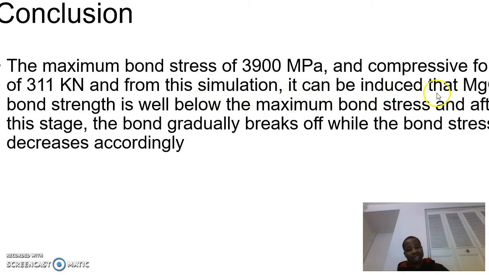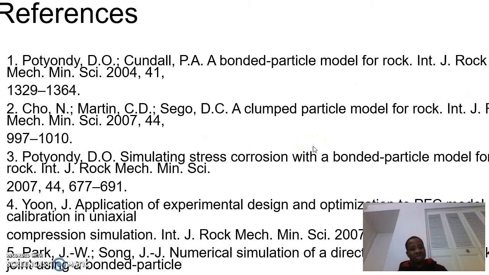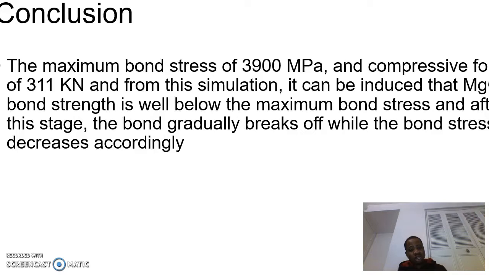So it can be concluded that the magnesium bond strength is well below this maximum bond stress, and at this stage the bond gradually breaks off while the bond strength decreases accordingly. We see from the simulation that the bond stress of the magnesium is well below this value, and that's why we see it breaking off when the bond stress gets to this place.